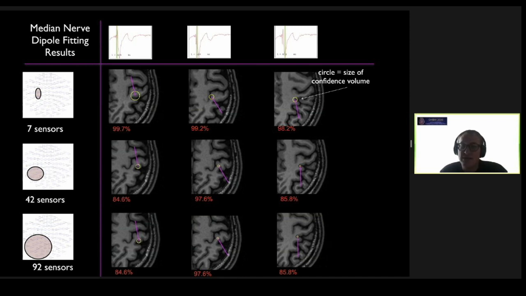When you use more sensors, when you use the fact that you have multivariate data, you get smaller circles, which means more confidence in where the source is located. Comparing the columns, going from left to right, you look at different strengths of the dipole fields on the sensors.